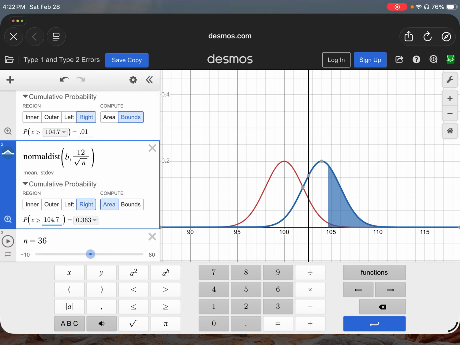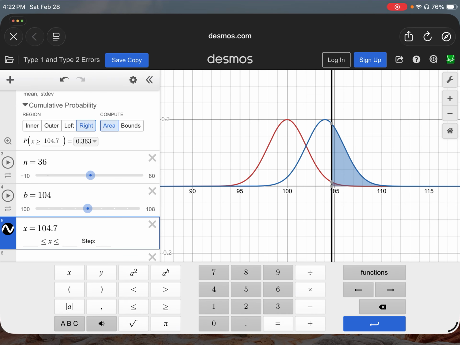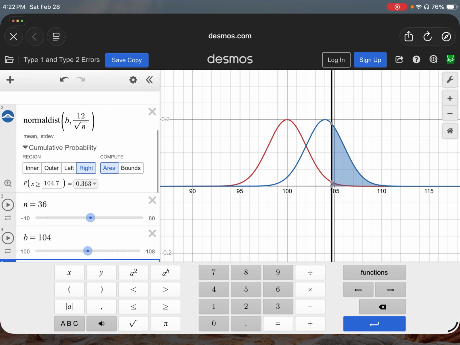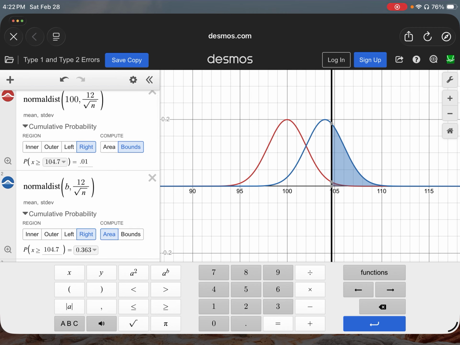It got cut in half. I know the black line is not in the right spot. I apologize if this is a little too clunky, but I'll move the black line. So by lowering it to a 1% red curve, the power went way down to 36%.